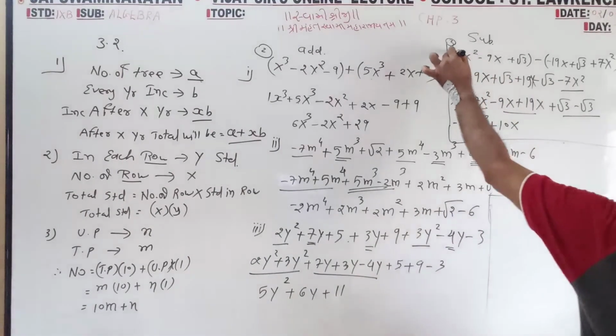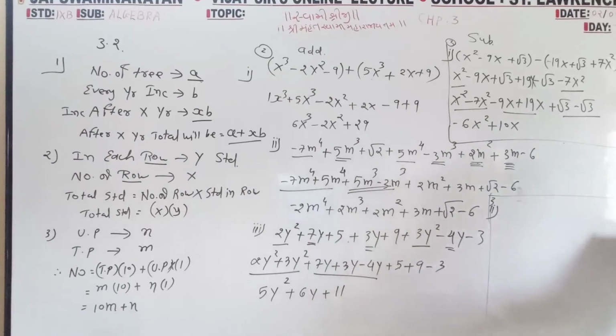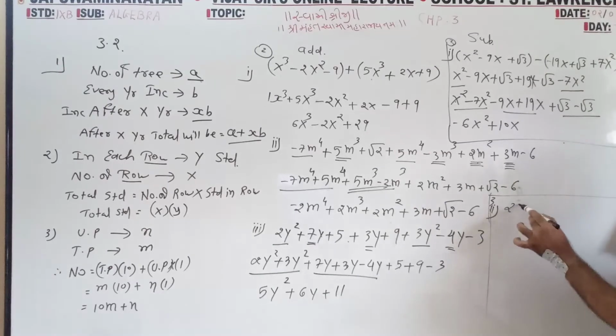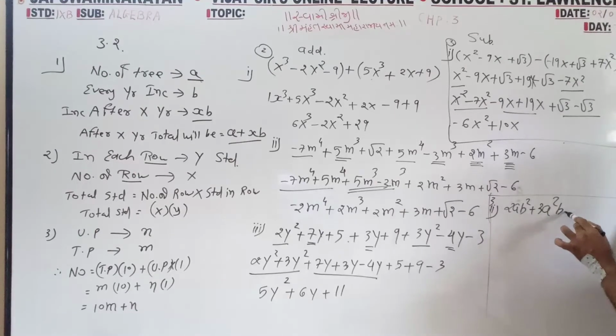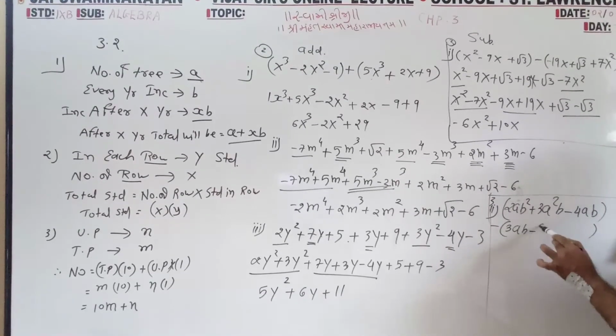This is subtraction, first, third, second. It is given: 2ab square plus 3a square b minus 4ab, minus 3ab plus 8ab square minus 2a square b.